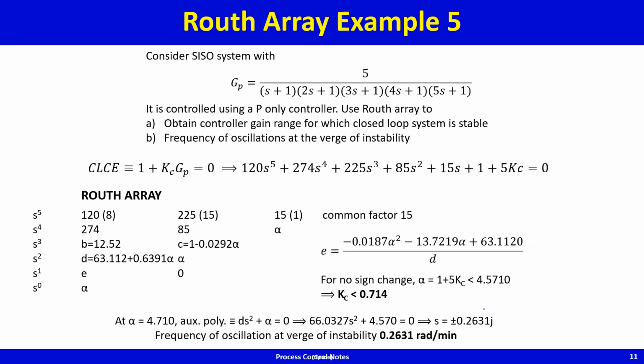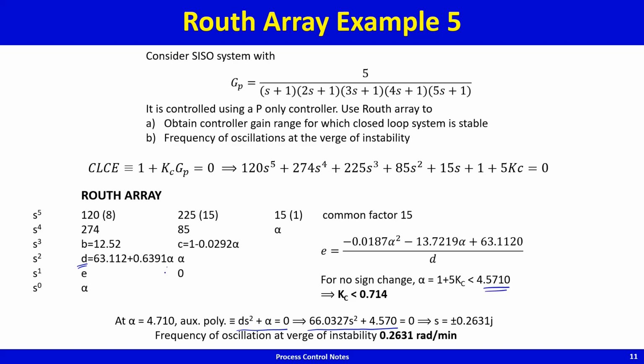At the verge of instability, the auxiliary polynomial is this, and therefore I calculated the value of d for alpha equal to 4.5710.